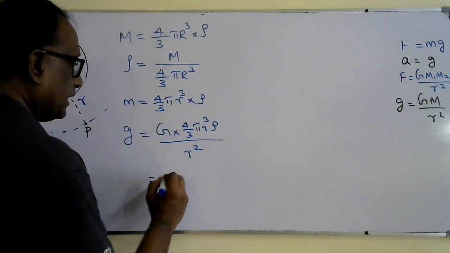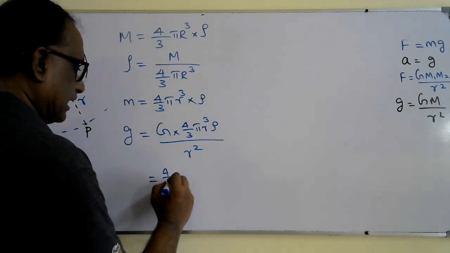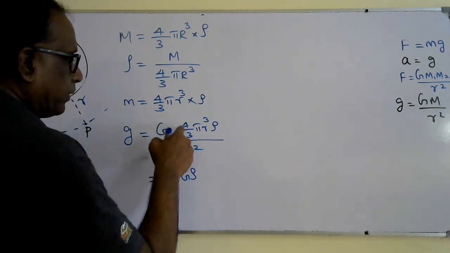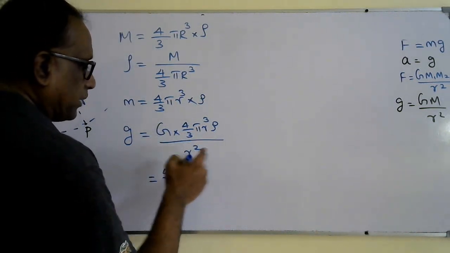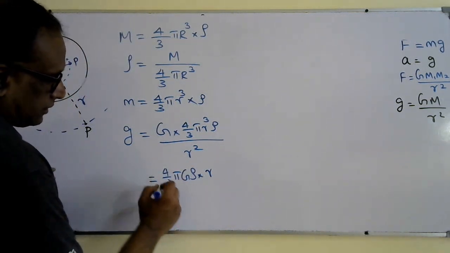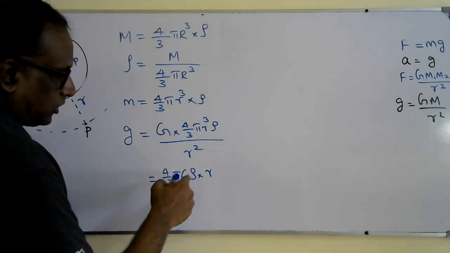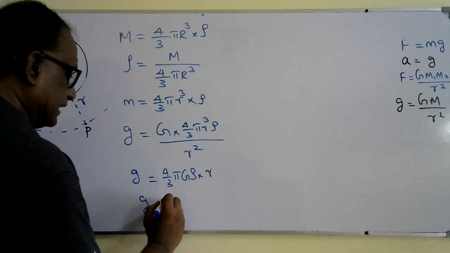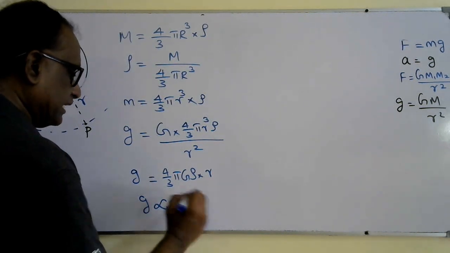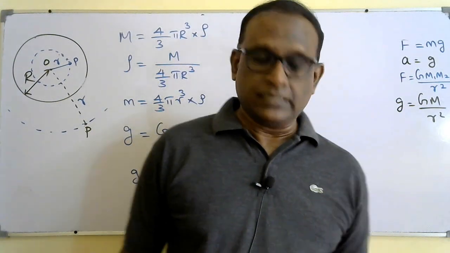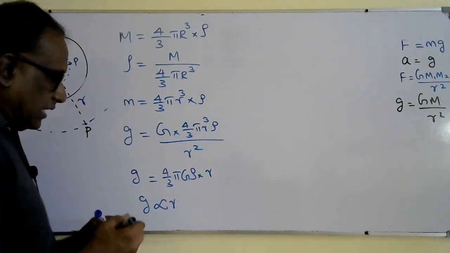So it will become 4 by 3 pi G rho, r cube over r squared, into r. See, these are all constant. 4 by 3 is a number, pi is a constant, G is a constant, rho is a constant. So gravitational field strength inside the planet is directly proportional to the distance from the center of the planet.